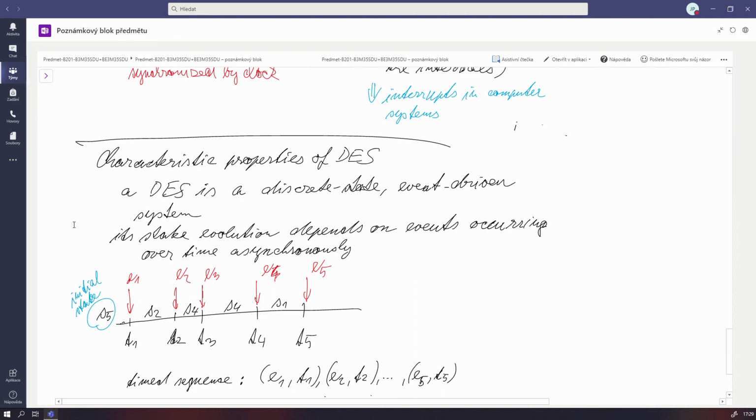So that leads us to talking about language, which is a set of all sequences.